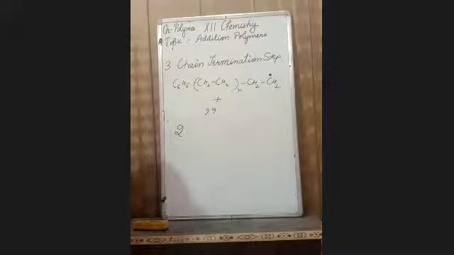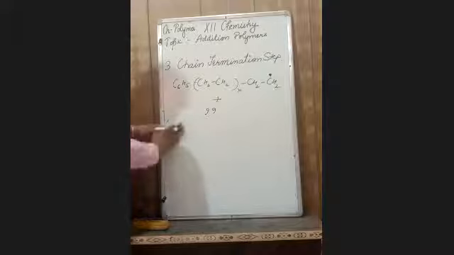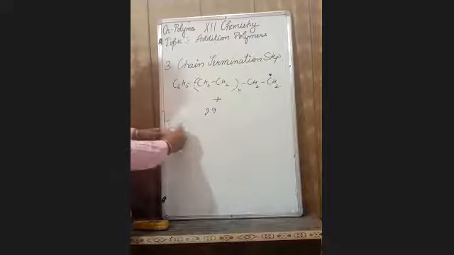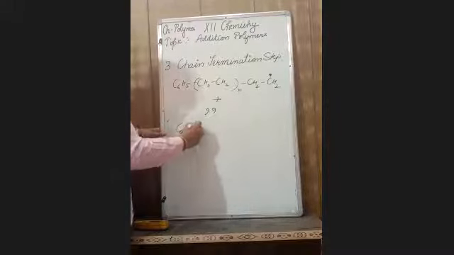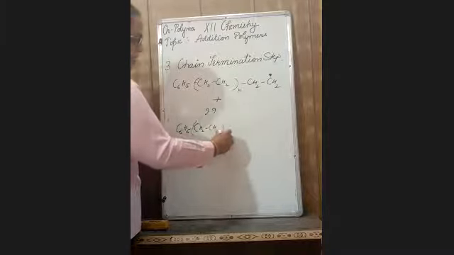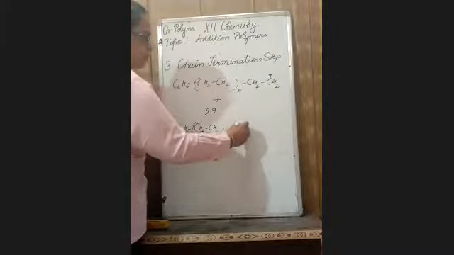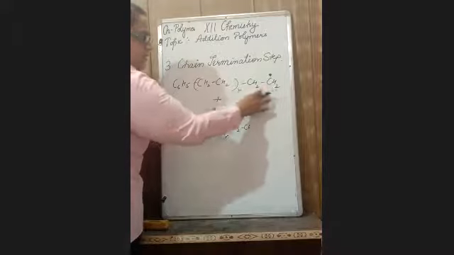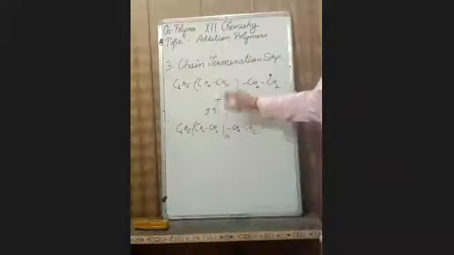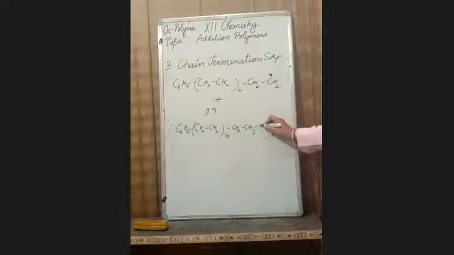it will be polyethylene, that is C6H5 CH2 CH2 n CH2 CH. This CH2 will combine with another CH2 molecule because it is the same molecule.